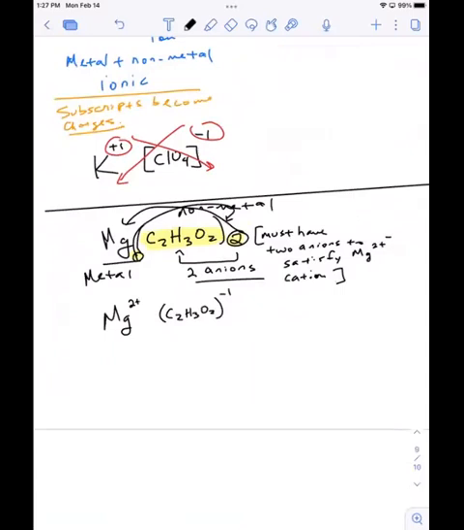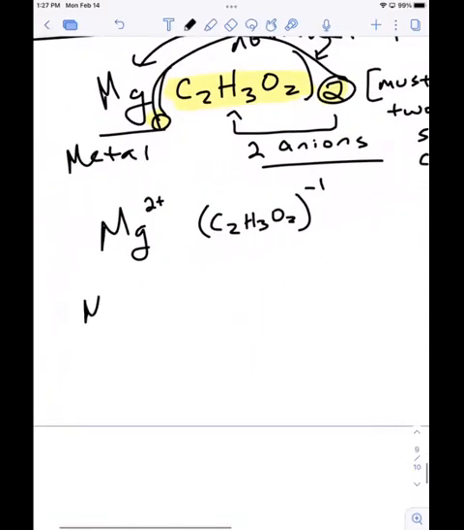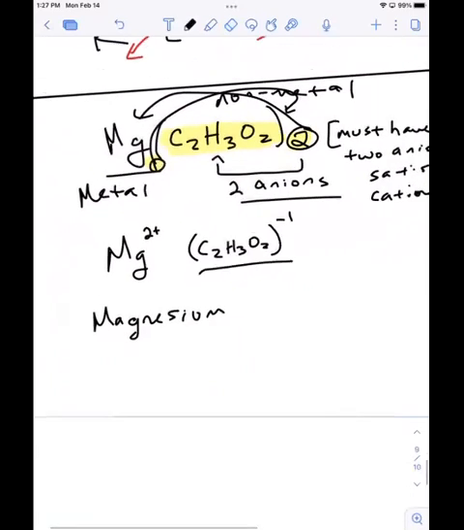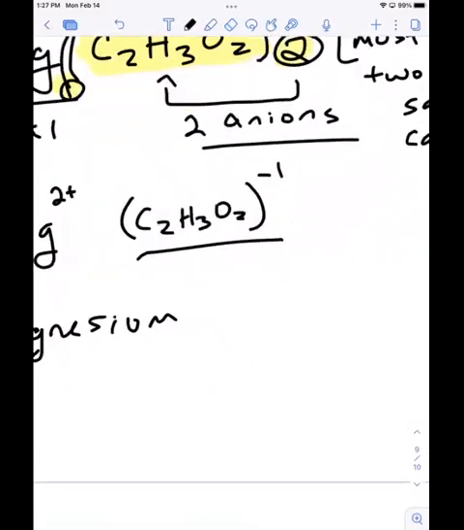So I already gave away the metal, which is magnesium. Can somebody look on the sheet that I uploaded to the chat and tell me what this ion is, what this polyatomic is, because this is also a polyatomic.